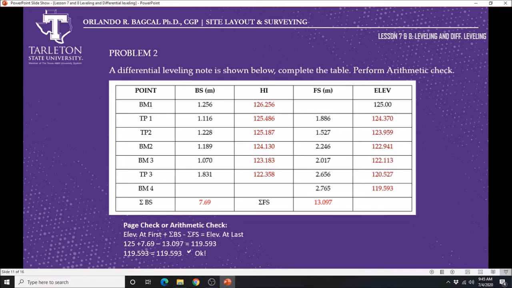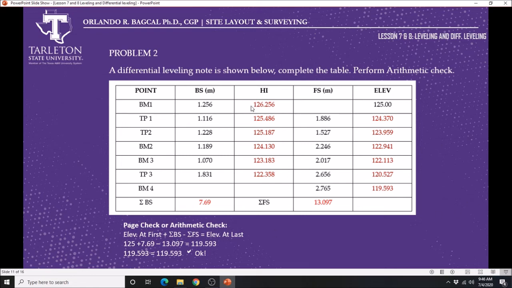If you are already an expert in reading the rod and an expert in leveling the instrument, then you could do one direction rather than creating a loop. But if you are just a newbie at differential leveling, it is good practice for you to do the closed loop, for you to make sure that you're getting all the numbers correct.